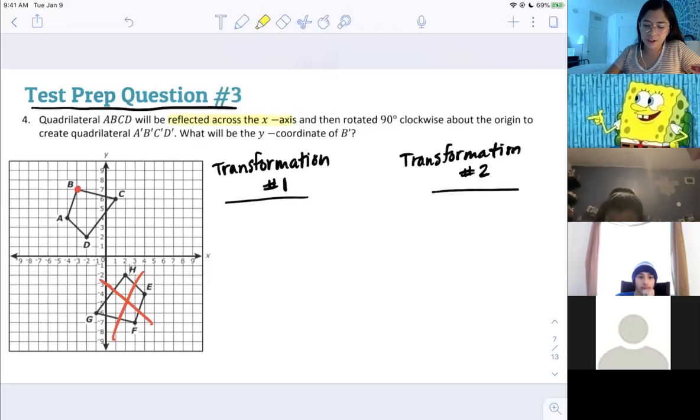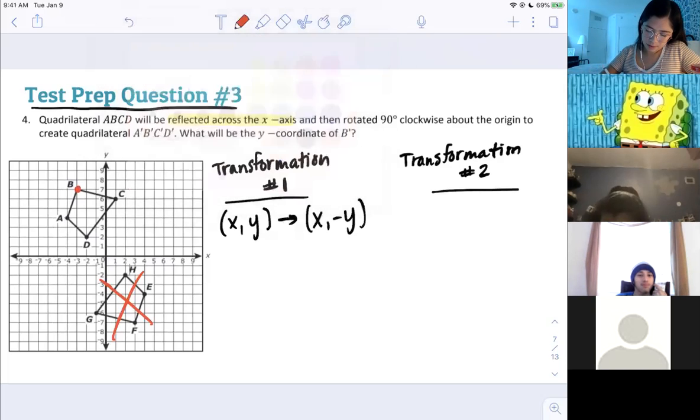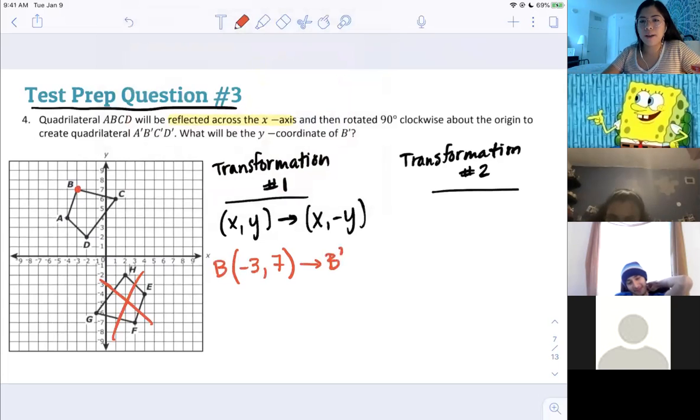So who can give me the general rule for a reflection across the x-axis? (x, negative y). Good. So now I take my B, and my coordinate point for B is (-3, 7). So where is B prime going to end up?